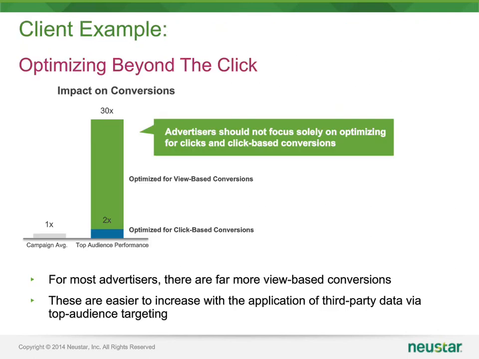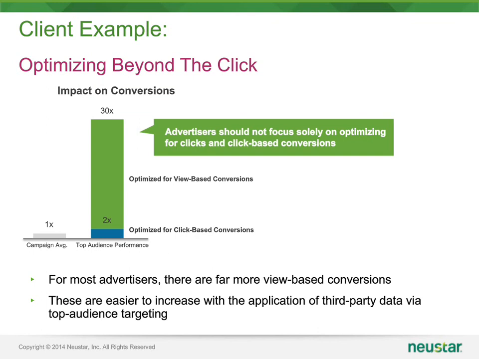So I love this next slide because it's the age-old question about whether digital marketers should optimize the click or the view-through. And by looking at the data and seeing how it can convert for you and how it performs for you, advertisers are better informed about how to make these kinds of decisions.